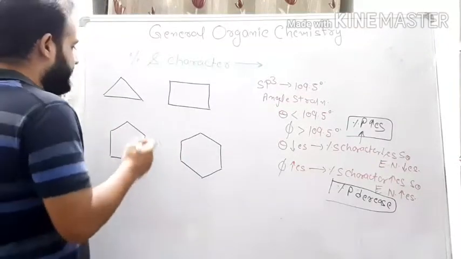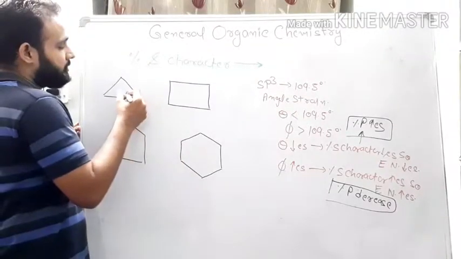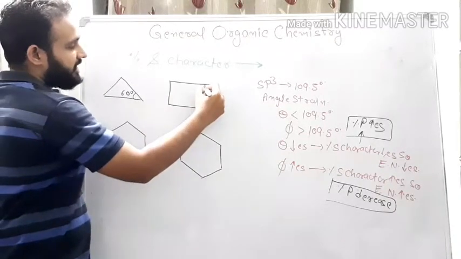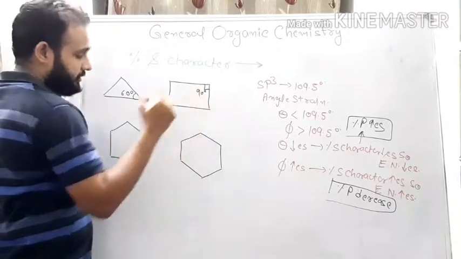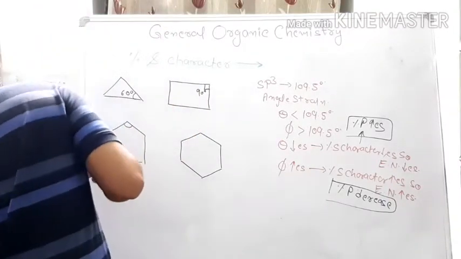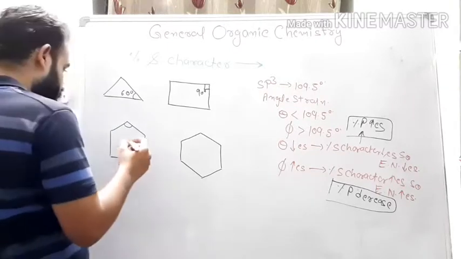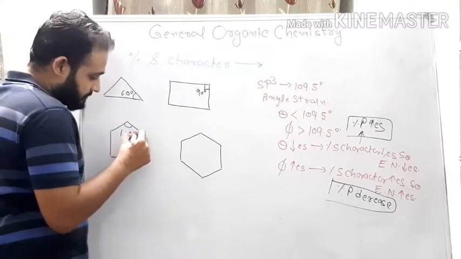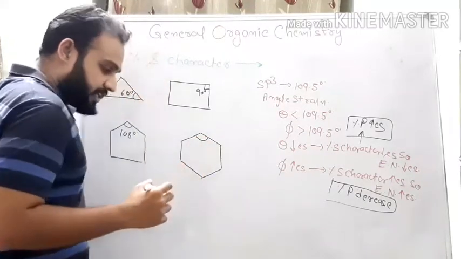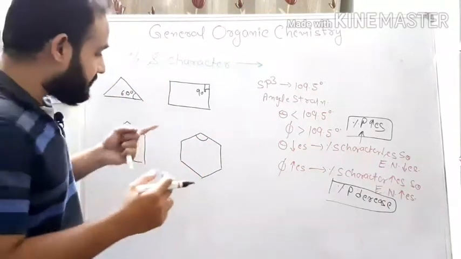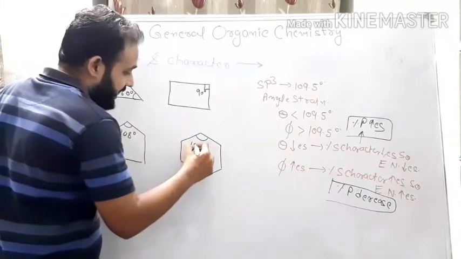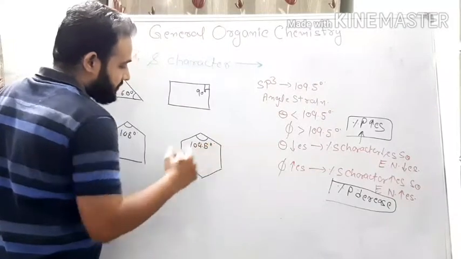Now you can see that here the value of theta is 60 degrees. Here the value of theta is approximately 90. Here the value of theta is approximately 108 degrees, and here, as we study in the conformation of cyclohexane, it has a completely tetrahedral bond angle, that is 109.5 degrees.